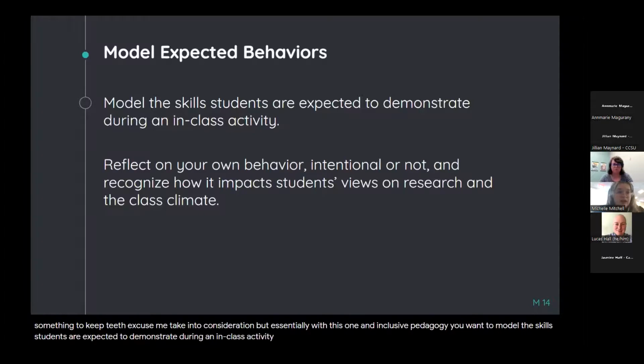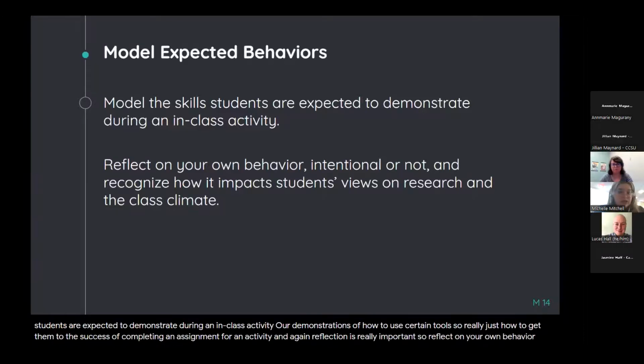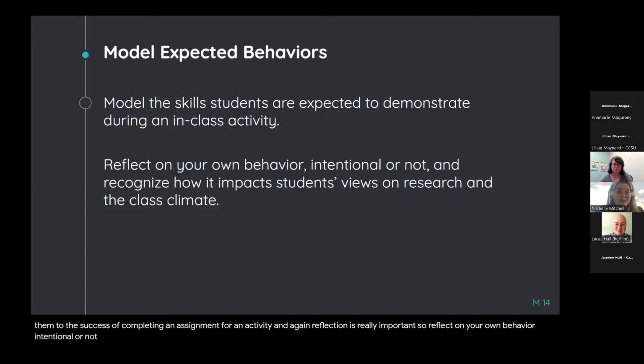I think we do that in our demonstrations of how to use certain tools, really just getting them to the success of completing an assignment or an activity. And again, reflection is really important. Reflect on your own behavior, intentional or not, recognize how it impacts the classroom environment and how students engage with you, or how they're not engaging with you, and see maybe why that's occurring.